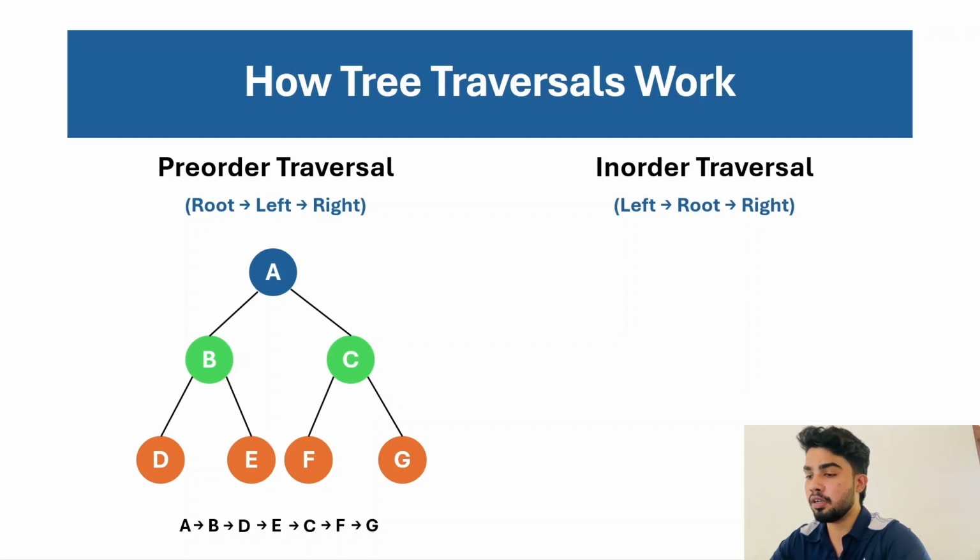In in-order traversal, nodes are visited in the order left, root and right child.